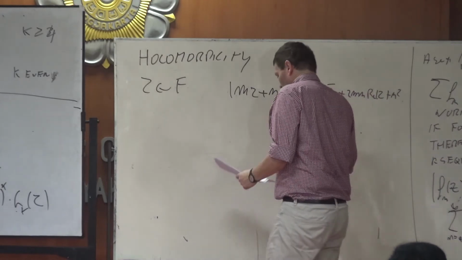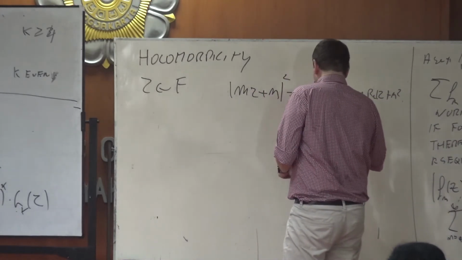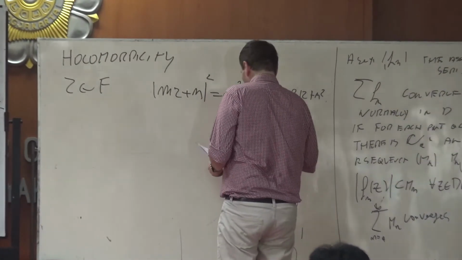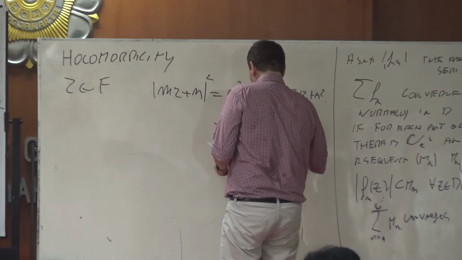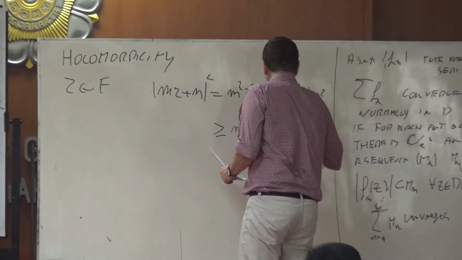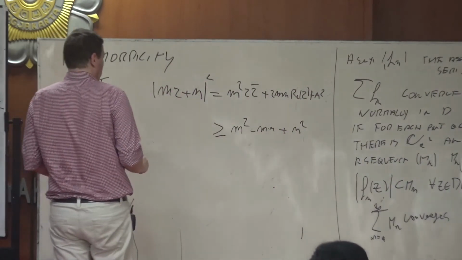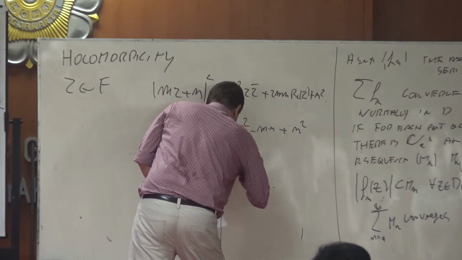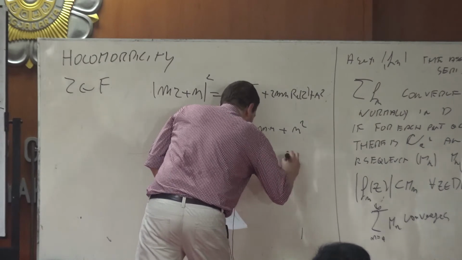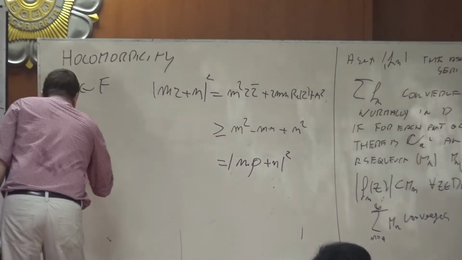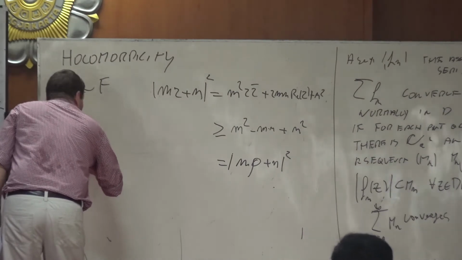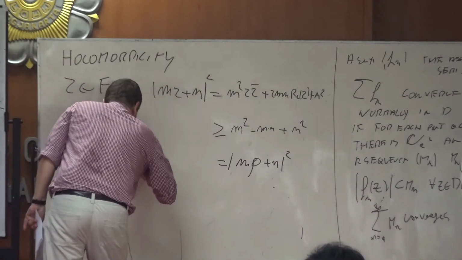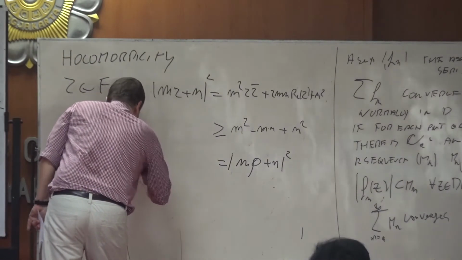So this one is bigger or equal than m squared minus m times n plus n squared. And this is just exactly |m rho plus n| squared. So we have that 1 over |m tau plus n| is smaller or equal than 1 over |m rho plus n|.